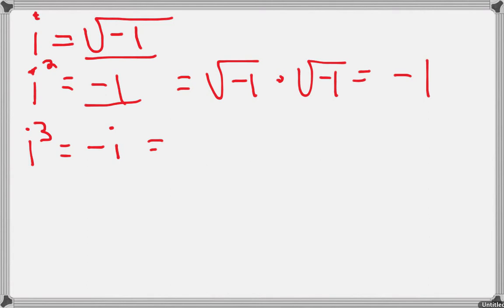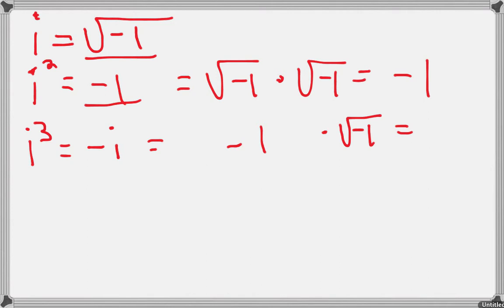How is that? If you take the square root of -1 times the square root of -1, since we're doing i to the third power, it's going to be times another square root of -1. What happens is, these two things we already did, square root of -1 times square root of -1, well, that equals -1.